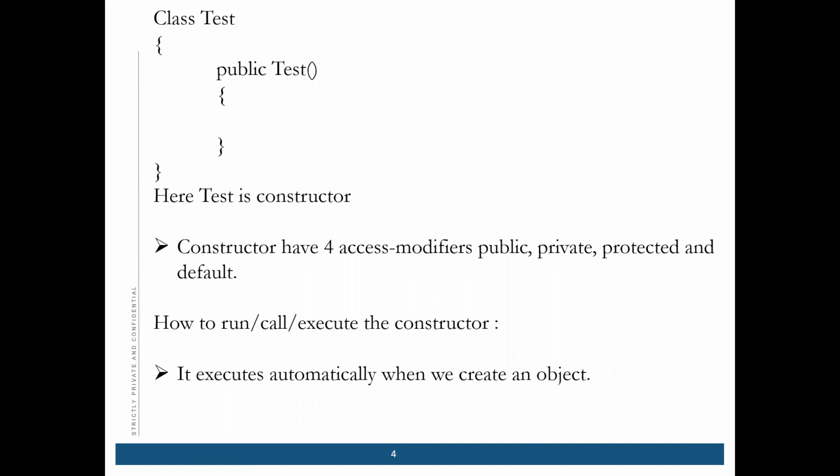So we have already called the constructor at that time. That's why it executes automatically when we create an object. The object is created with the help of the constructor only. So always remember that whether you have written any constructor or not, it will execute automatically when we create an object. Okay, so it is always there.